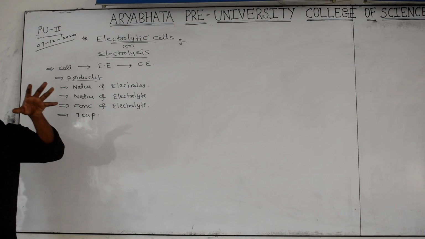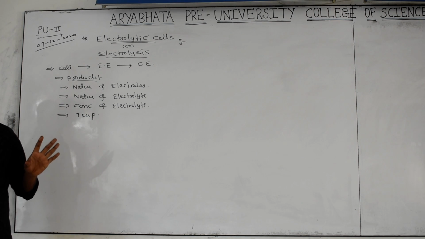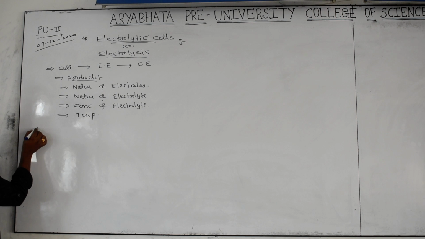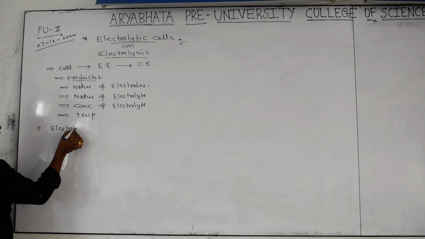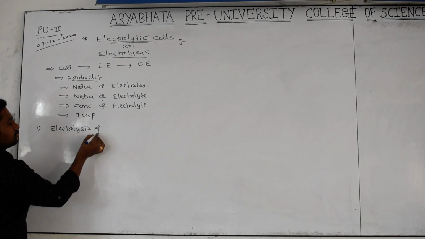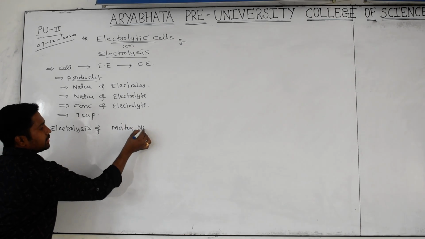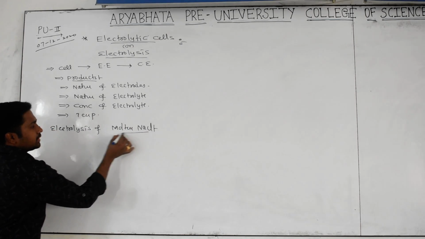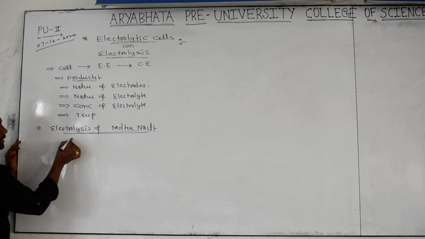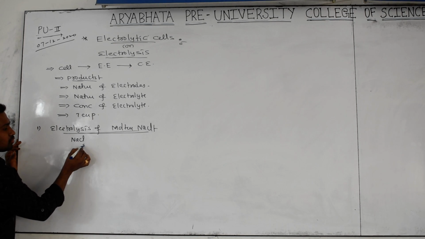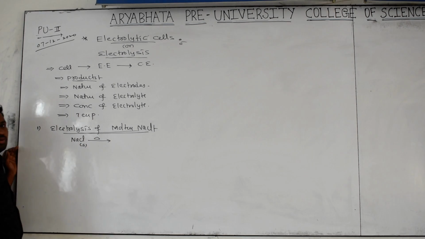Mainly I will explain 4 different electrolysis processes that are very important from a competitive point of view. Under this, the first one I am explaining is the electrolysis of molten NaCl. As I told yesterday, molten NaCl means you take pure solid NaCl and keep on heating without adding any solvent.